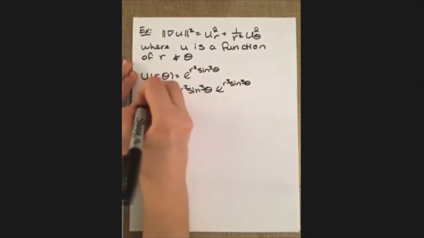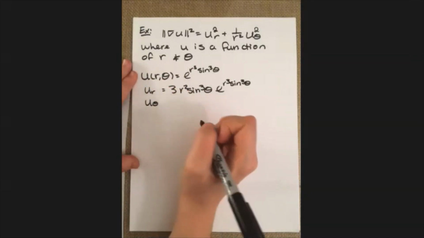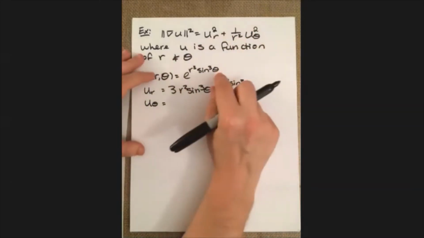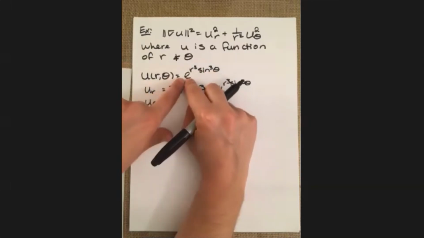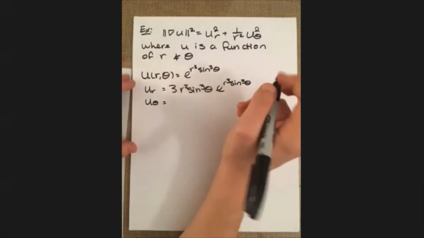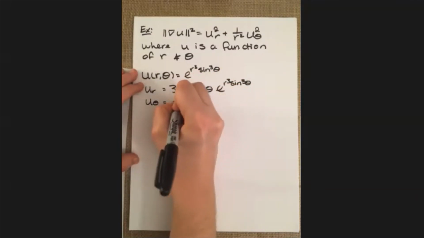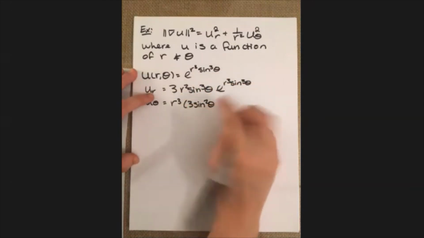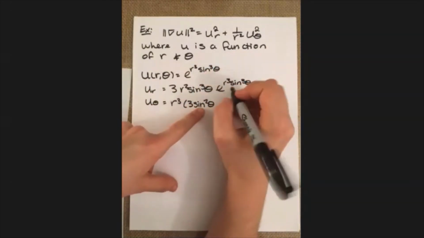And then if I wanted to take partial with respect to theta, we're going to have to apply the chain rule, I guess, twice, because theta is inside of sine cubed, which is inside of an exponential function. So doing that, we're going to take the derivative of what's up here, and that's actually going to be r cubed times 3 sine squared theta, and then we have to take the derivative of the sine here because of the chain rule, because sine is inside of a cubic function.